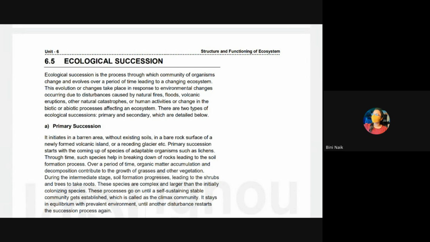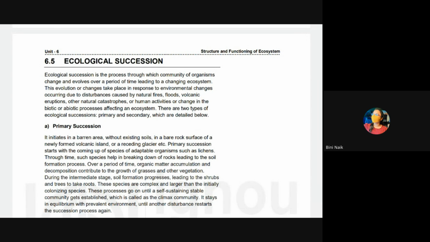This is a case of a volcanic island. Think about a volcanic island that has been newly formed. Volcanic activity occurred in a mid-oceanic region, and a new island has formed in the mid-ocean. What will happen first? First, species of adaptable organisms such as lichens will come up. Lichens can adapt to that environment.